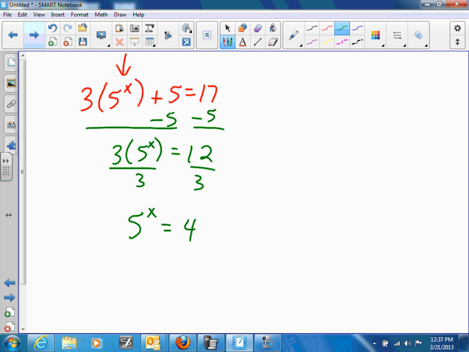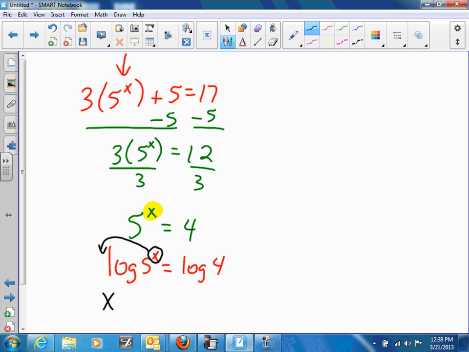Now notice there's no logs. And how do you get this x out of the power? Well, if you take the log of both sides, if we do the log of 5 to the x equals the log of 4, well then what happens is now I can actually move that power to the front.